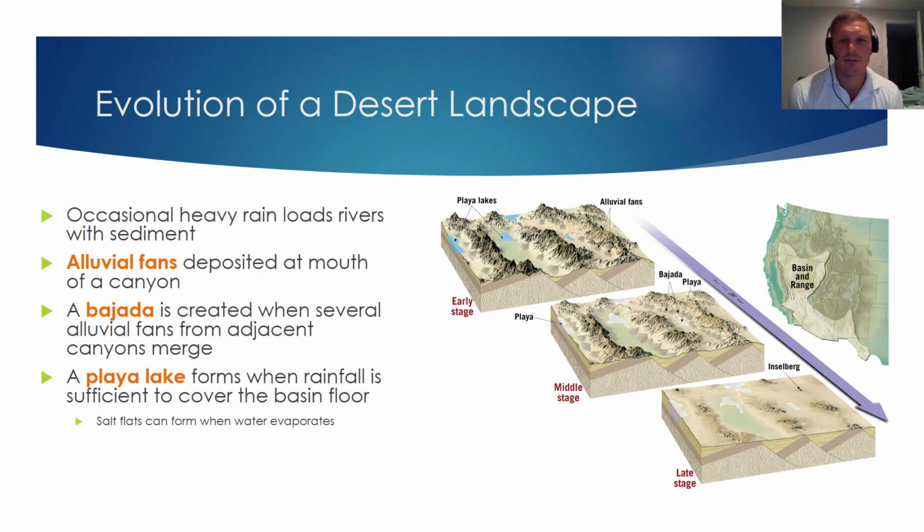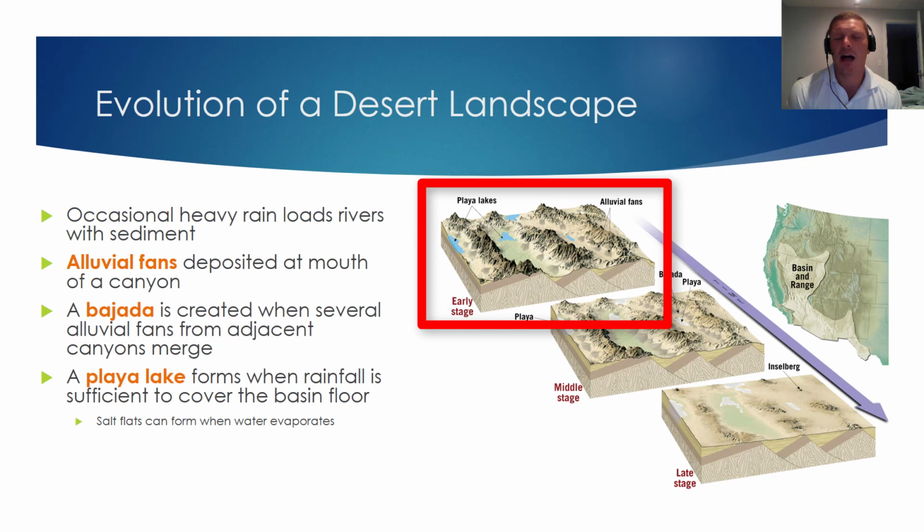The last consideration in this podcast is the evolution of a desert landscape. On the previous slide, we talked about ephemeral streams, and on occasion deserts will experience very heavy rainfalls. The majority of erosion in deserts will occur during these very heavy rains. In the early stages of desert landscape development, we see some playa lakes, and a playa lake forms when rainfall is sufficient to cover the basin floor.